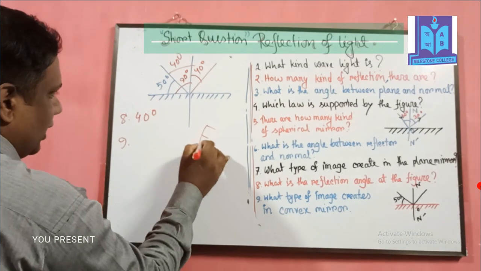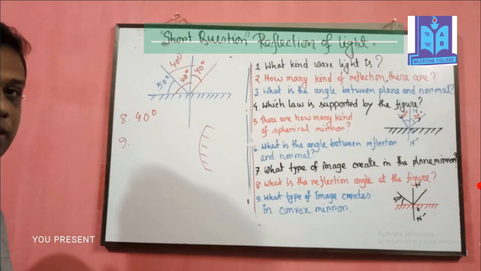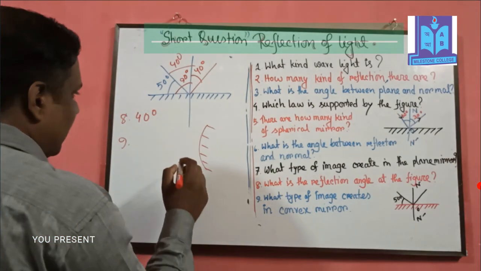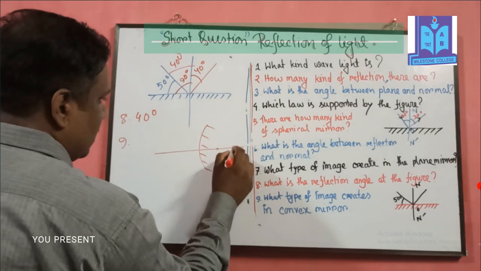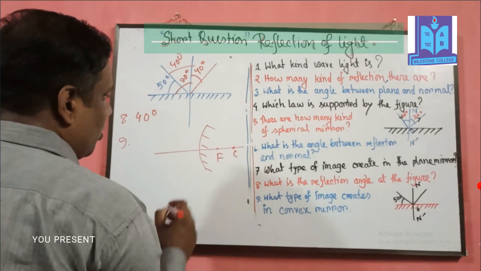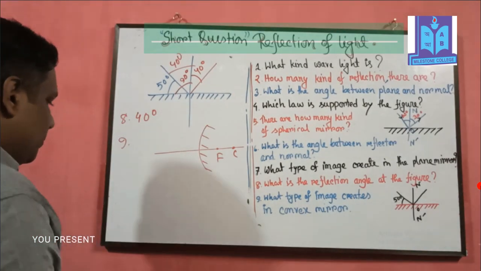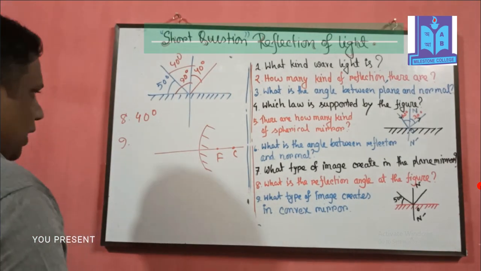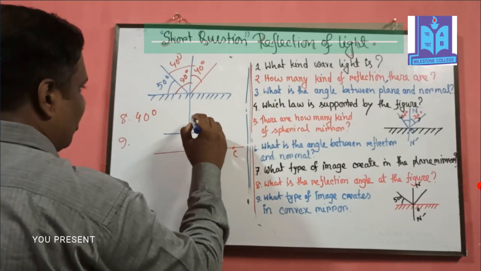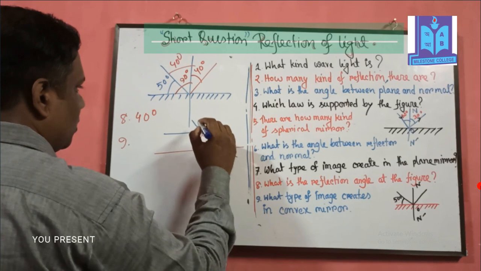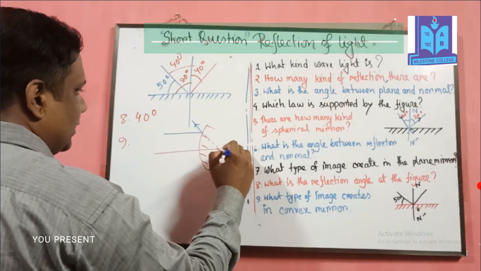A figure like this is a simple convex mirror. If we mark C for the center of curvature and F for the principal focus behind the mirror, then after reflection we have to extend the ray in that way.